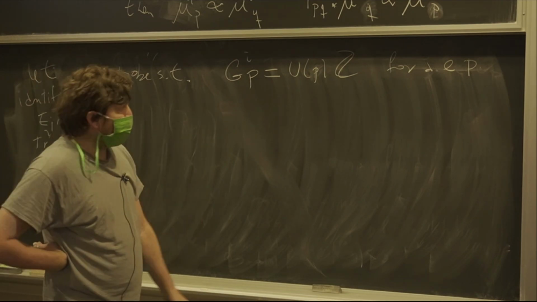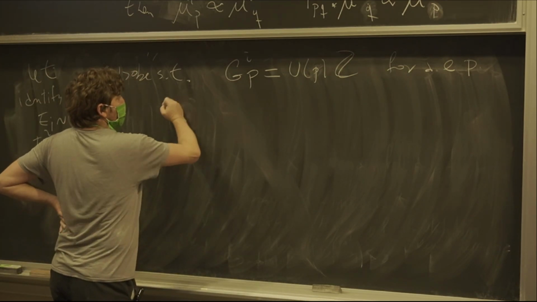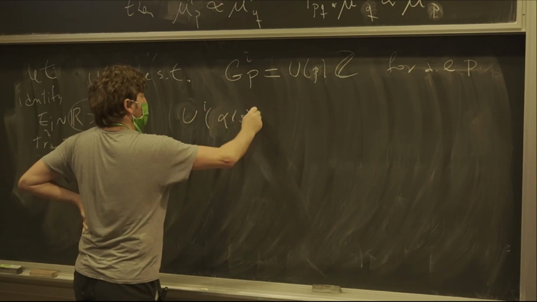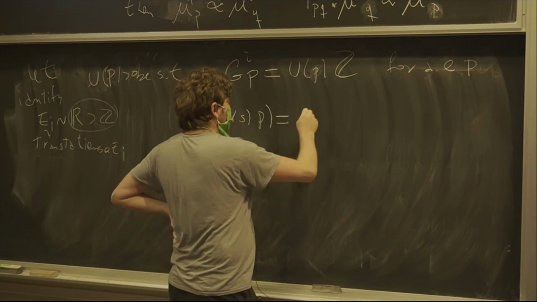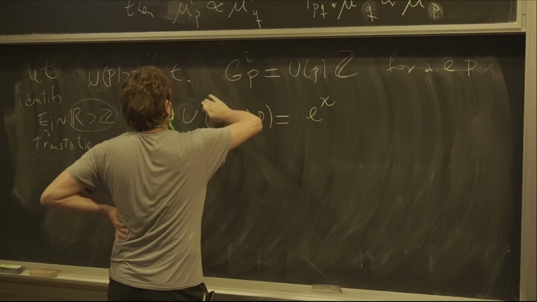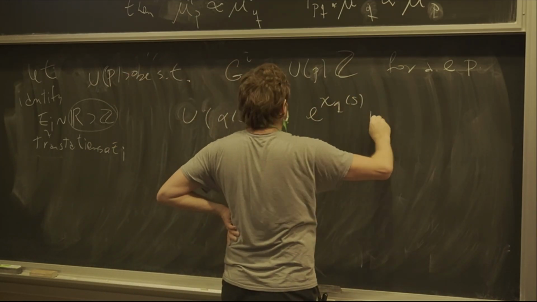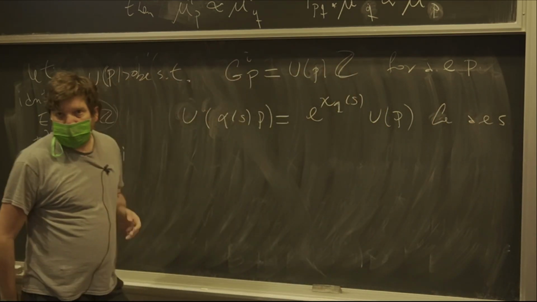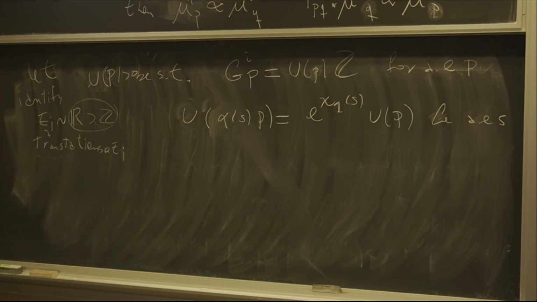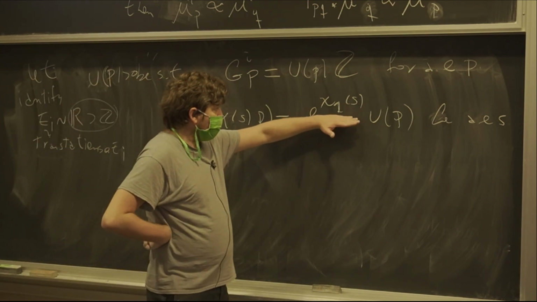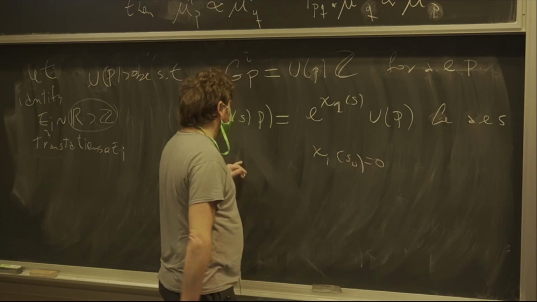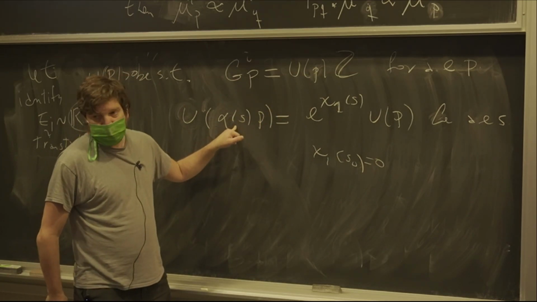Then the observation over there is telling us that U of alpha S of P is equal to e to the chi1 of S times U of P for almost every S. Now the fact that U is constant, if I take S naught again, is not so useful because I will have a constant there, but I don't know alpha S naught is ergodic.